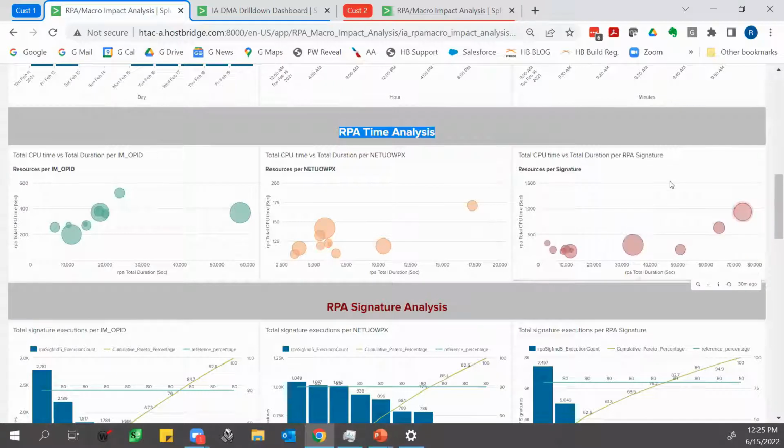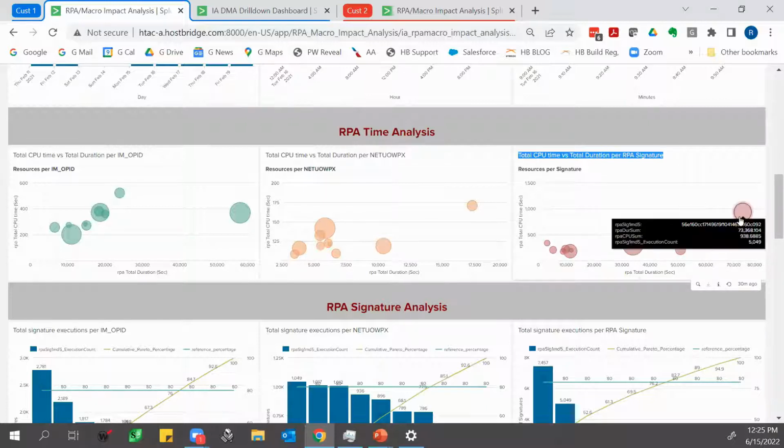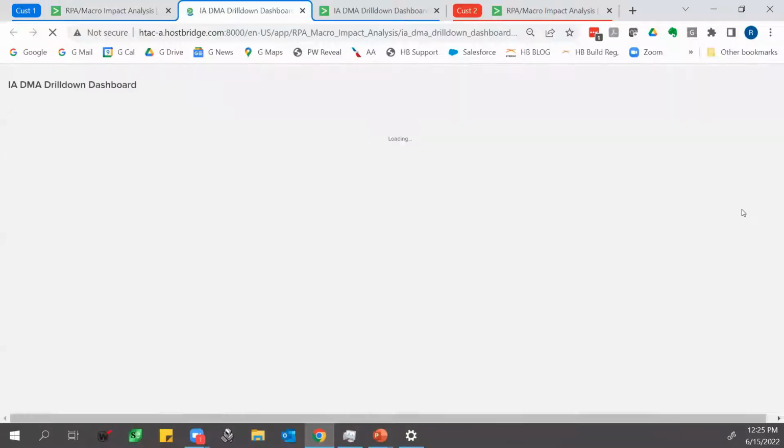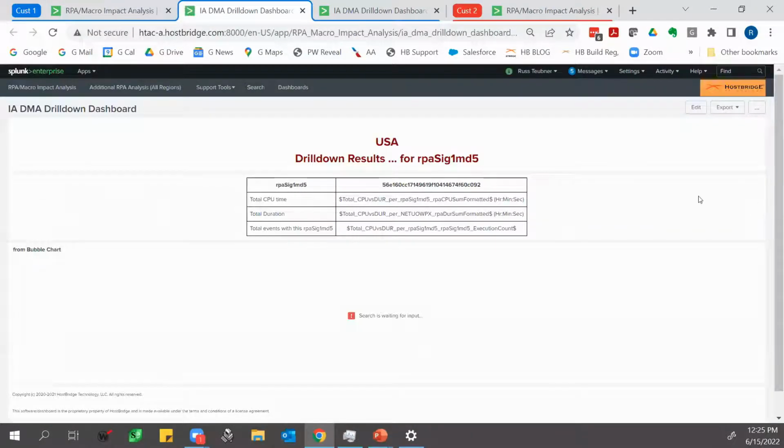So now this chart here, total CPU time versus total duration for given RPA signatures, whatever dot like this one is in the upper right-hand quadrant represents the highest combination of total duration and total CPU time. Let's see what that is. Now, I happen to know the answer to what that is. And I can tell you that when the customer saw this the first time, their jaw sort of hit the table.